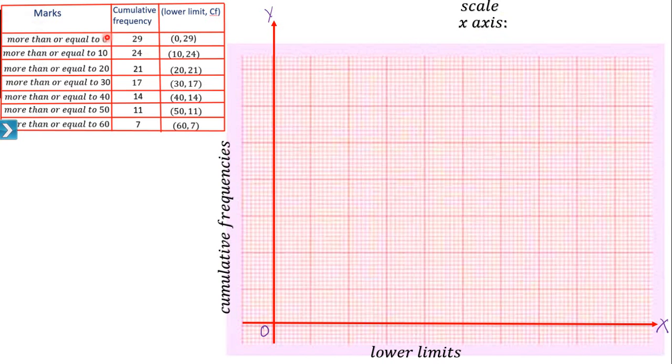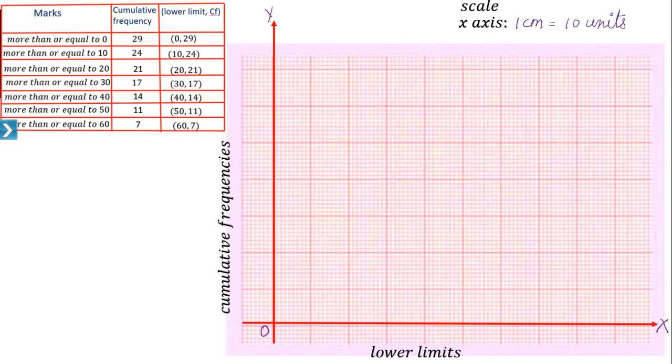Look at the lower limits. Here lower limits vary from 0 to 60. So, we can choose a scale for x axis: 1 centimeter is equal to 10 units, because here the difference between two lower limits is 10. So, for x axis scale, 1 centimeter is equal to 10 units.